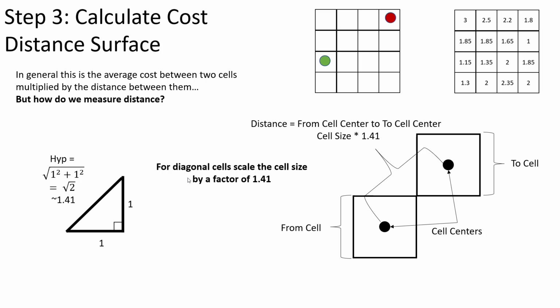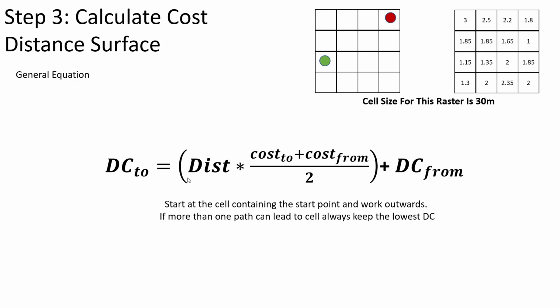So now that we know how to measure the distance between cells, what we have to do then is begin to incorporate into this the actual costs. The way that we do that is with this general equation, which has two pieces. It has the to and the from. The to is the cell you're traveling into.